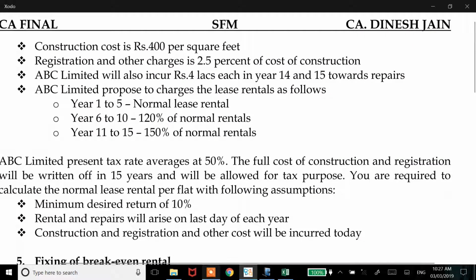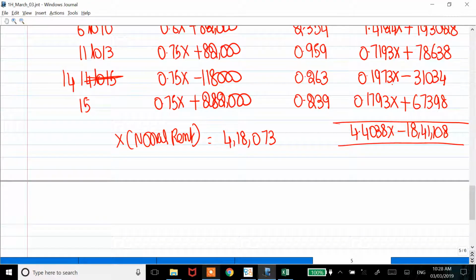You are required to calculate the normal lease rental per flat. You divide by 6. This calculation was done for 6 flats. That 4,18,073 is the cumulative rent for all the 6 flats put together. It's the overall rent for 6 flats. Cost was for 6 flats. Repairs was for 6 flats.